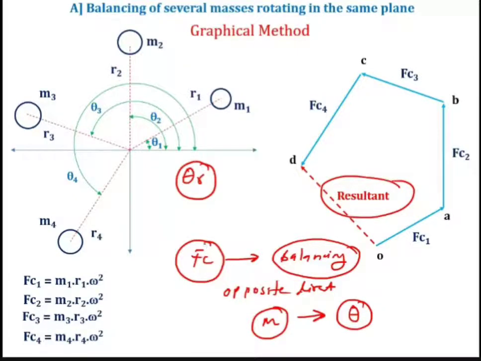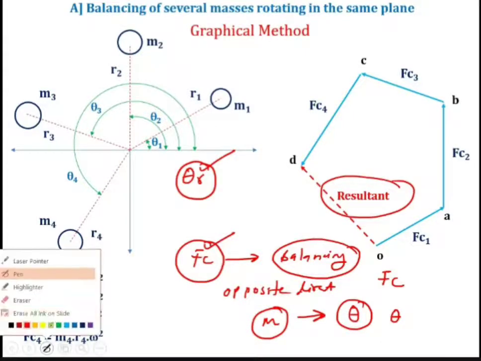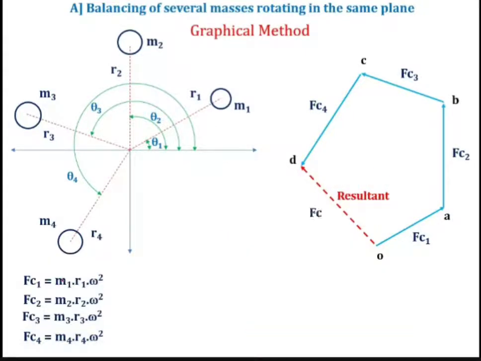So first you have to calculate the resultant centrifugal force and resultant angle, and from this you will get the balancing force Fc and the angle theta. So this we will understand while solving the problem. I hope you understand this. So what is this Fc? This Fc is nothing but the resultant balancing force, for the resultant force, and Fc is equal to m r omega square, which is the magnitude of the resultant force.